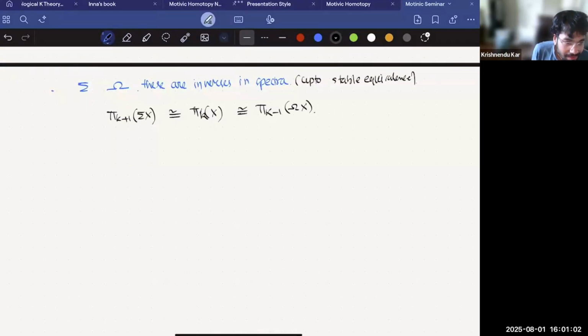Now to see this is literally using the basic property of the colimit. To see this, let's unfold the definition piece by piece. What is your pi k of x?